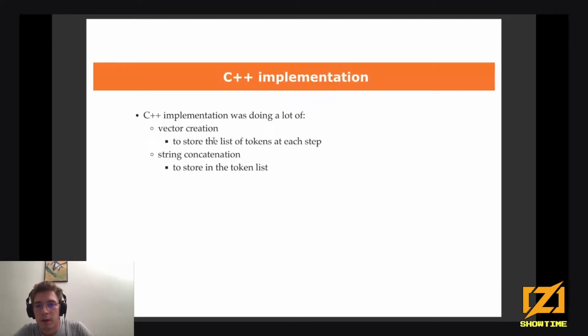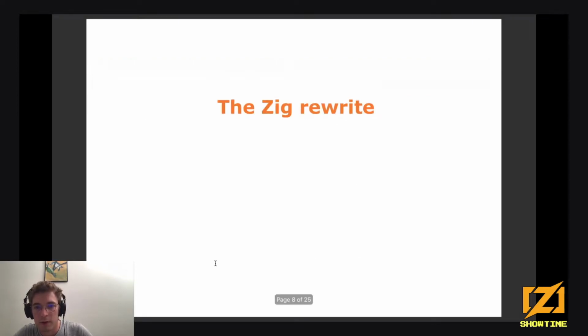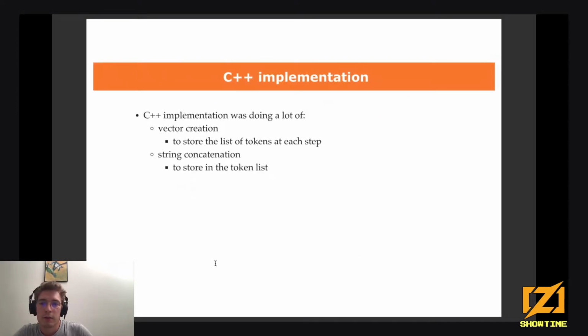So there was a lot of vector creation. Every time you would create this list of tokens, every new step you would create a new vector with a new list of groups. And you would also concatenate the characters one by one to store them in the token list.